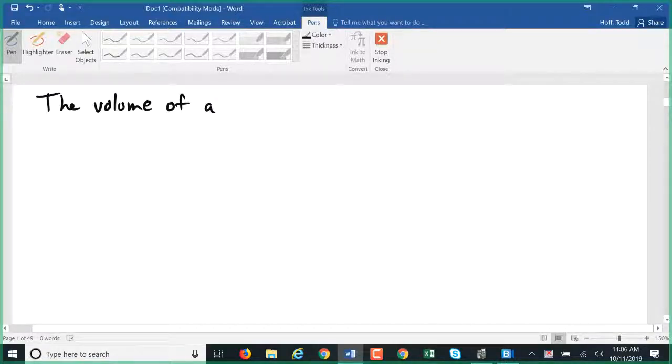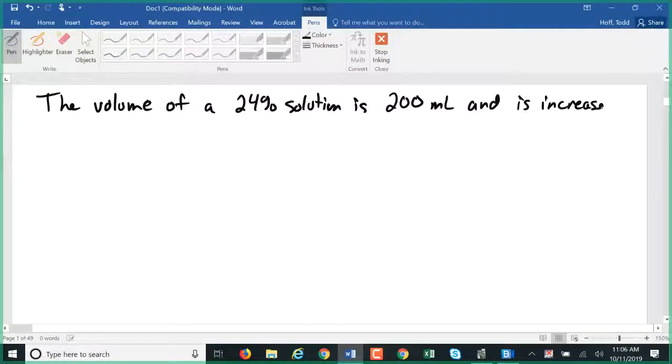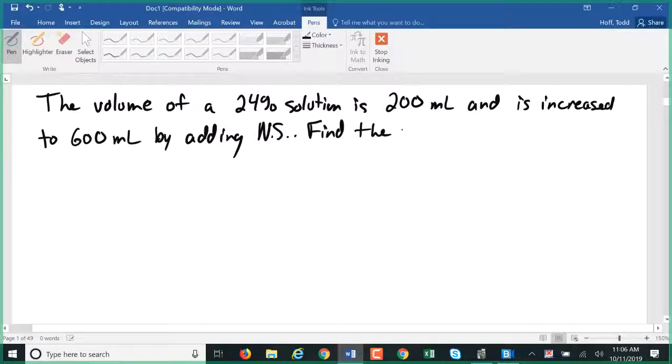So let's say the volume of a 24% solution is 200 milliliters and is increased to 600 milliliters by adding NS. Find the new concentration.